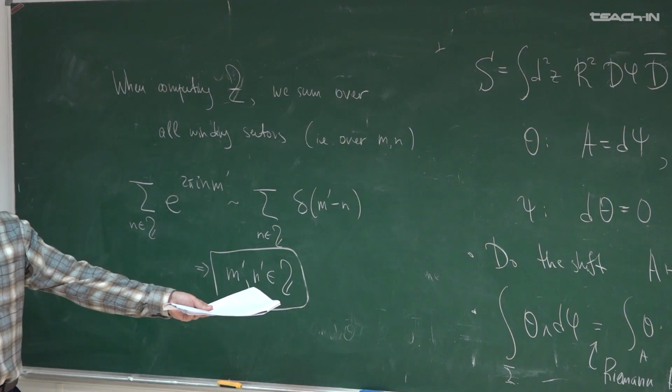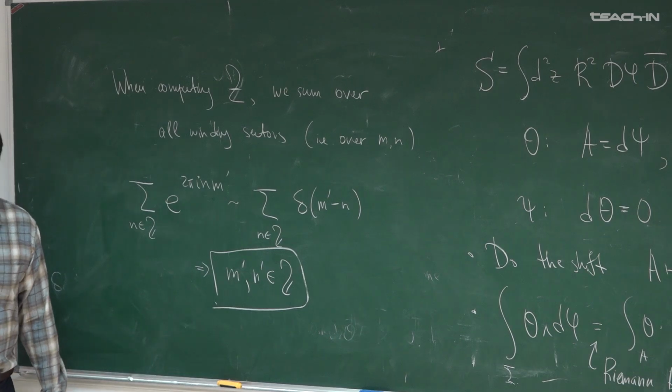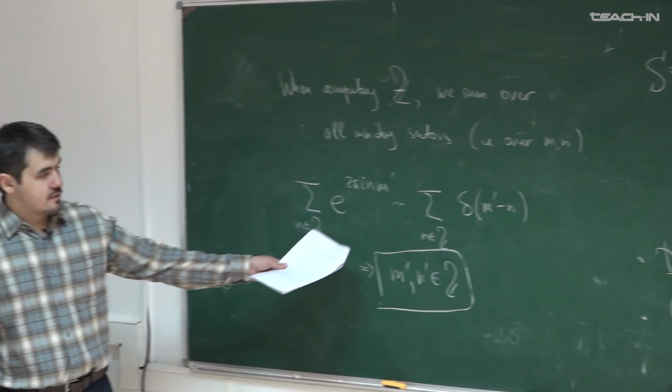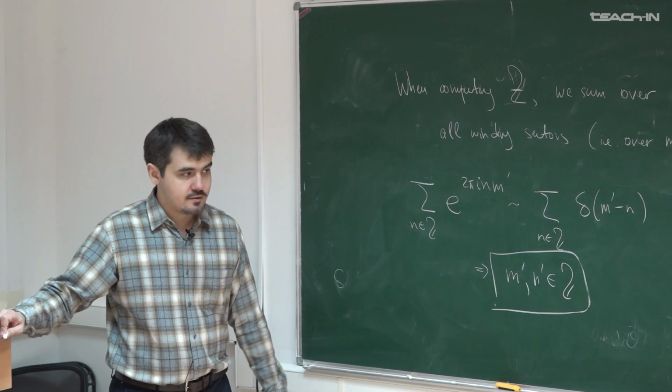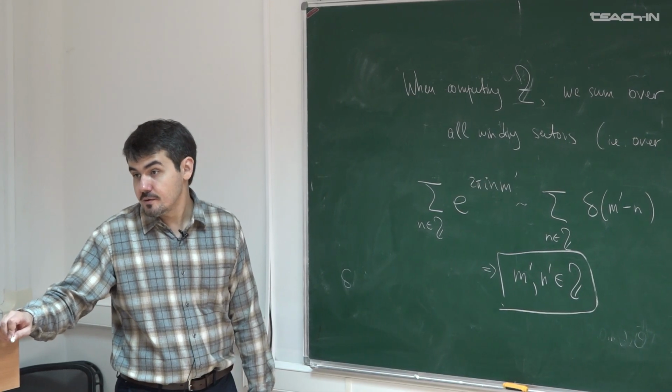So a priori, the windings of theta are just real numbers. This is a one form. It can have arbitrary windings. But summing over these topological sectors for the phi field actually gives you a delta function saying that these real numbers are integers.